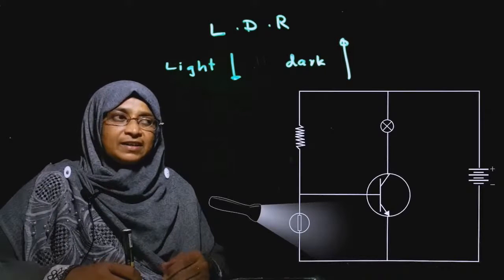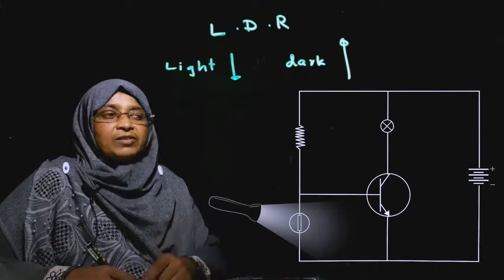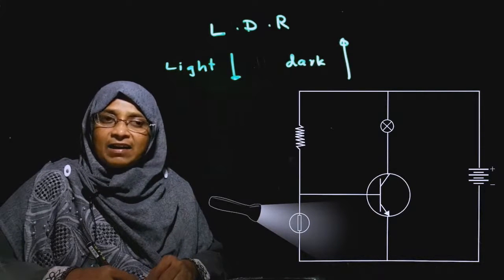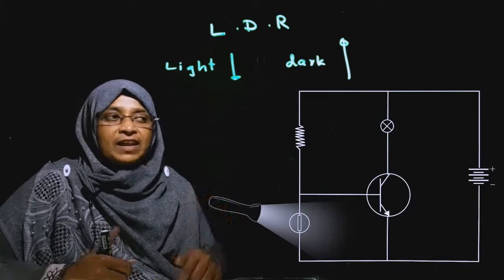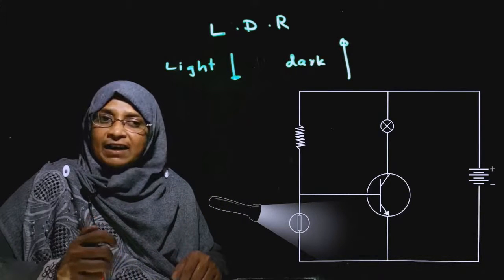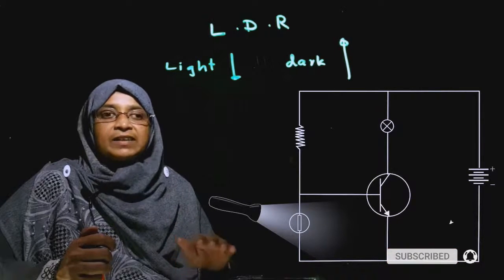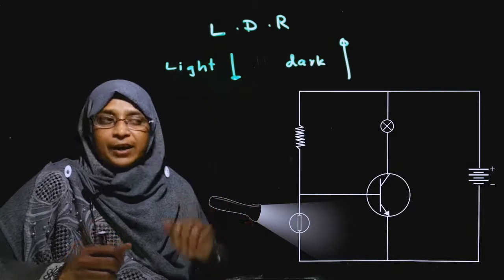Here is the circuit. In the input circuit, we have connected the LDR. The LDR is a light dependent resistor. When light falls on the LDR, the resistance goes down. When there is darkness, the resistance is high.